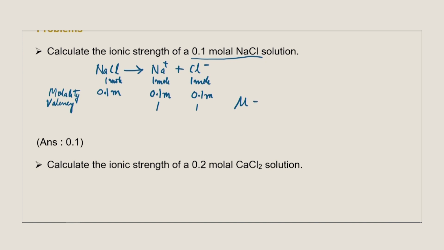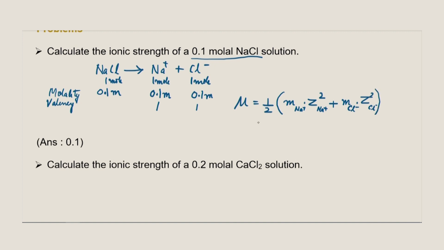Ionic strength will be equal to half into molality of Na plus into valency of Na plus square plus, do not forget that, molality of Cl minus into valency of Cl minus square.